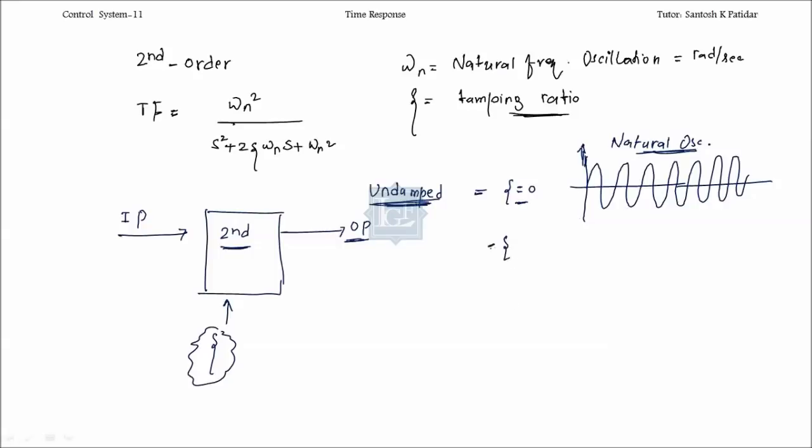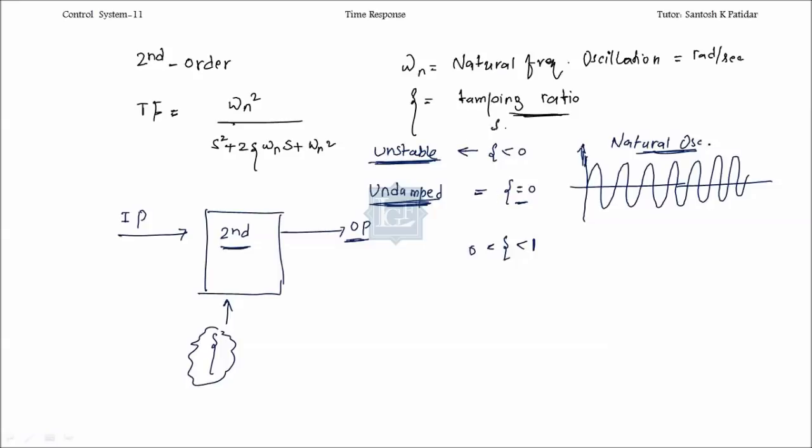Then we have seen what will happen when zeta will be in between 0 to 1, and we have seen one condition when zeta is less than 0. We have seen this condition also. When zeta is less than 0, the system was totally unstable system. Correct? So for the stable system, we have seen the zeta should be greater than 0. Sometime I call this zeta delta, so I'm sorry about that. Okay, please understand.